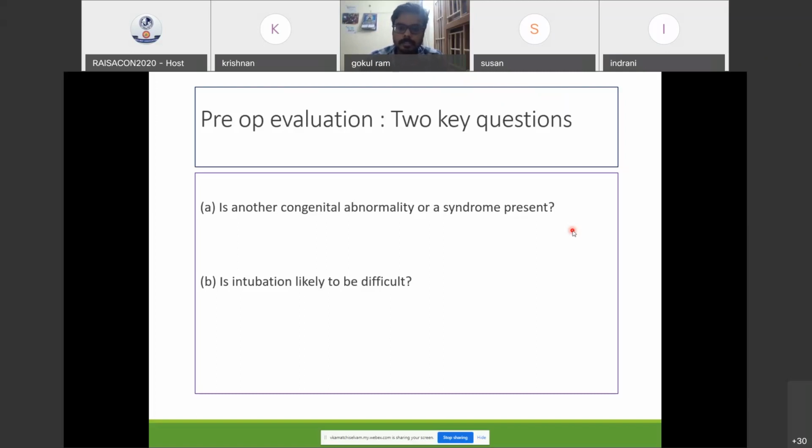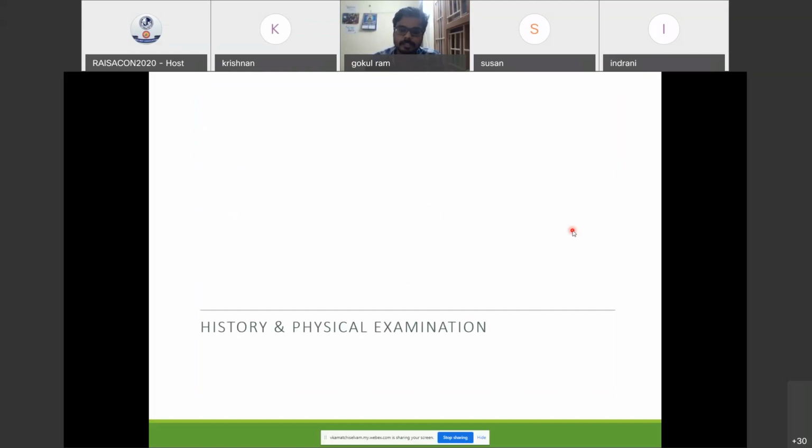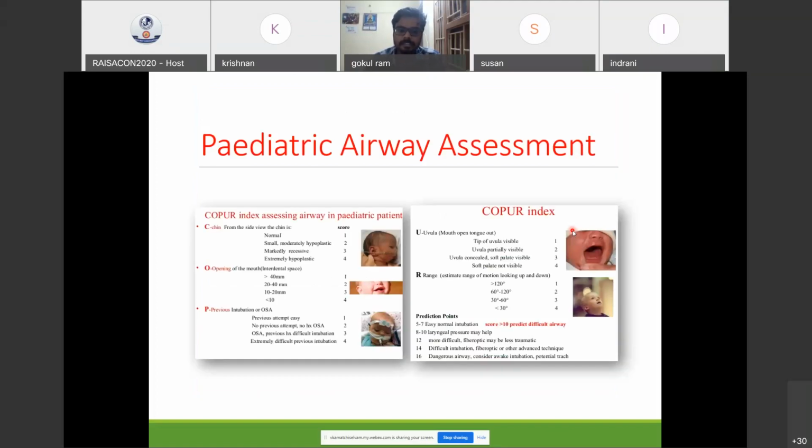Yes, sir. I will use the Cooper method of airway assessment, sir. Copper method is first I will see for the mandible, chin, sir. I look for obvious retrognathia, and we have to examine from the side of the patient. First, we have to see for the chin, whether it is moderately hypoplastic or markedly hypoplastic.